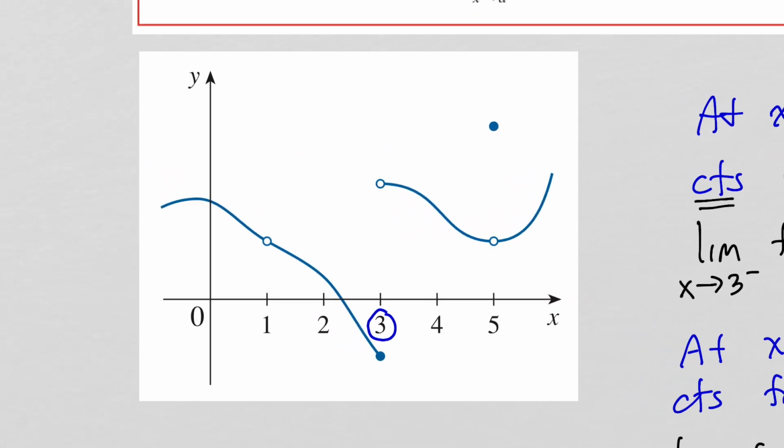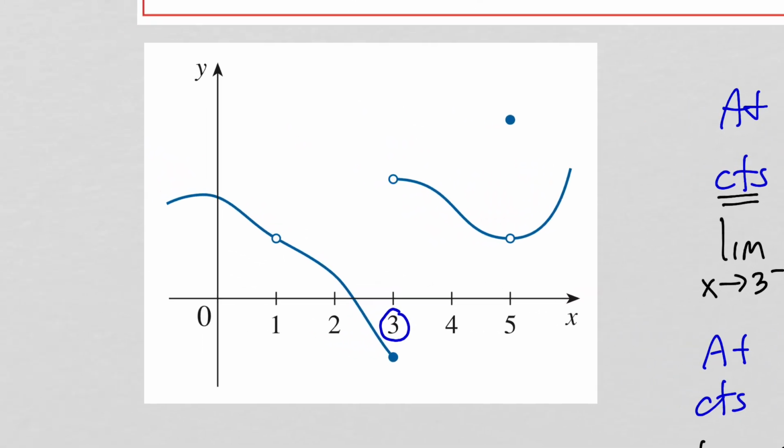Now, of course, we could alter the graph, right? I could fill in this point, and down here I could turn this into an open circle, and now those circumstances would be reversed. If this were the case, now it would be continuous from the right at 3, and it would be discontinuous from the left.